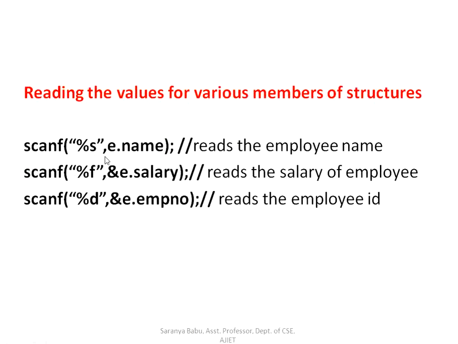Then you read it. Scanf %s E dot name. Then the salary: scanf %f ampersand E dot salary, so it will store it in that location. Scanf %d ampersand E dot employee number will read the employee ID. Now I'll show you a complete program which is going to read all the details.